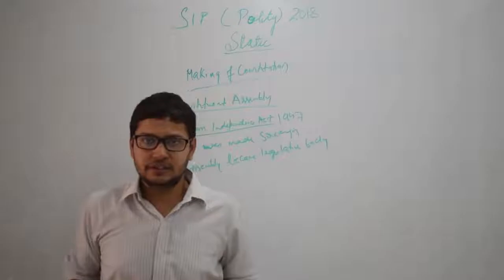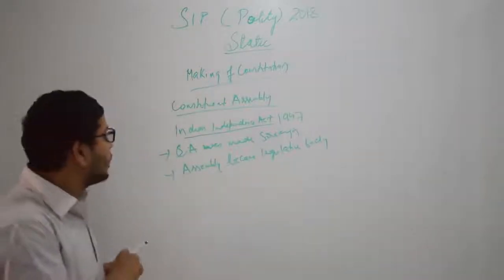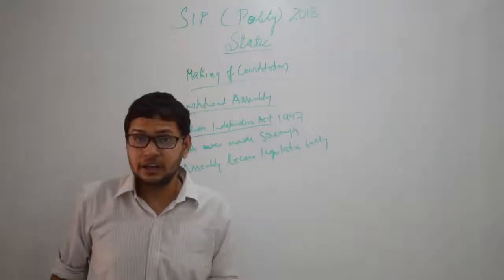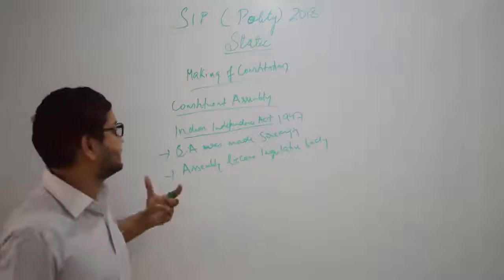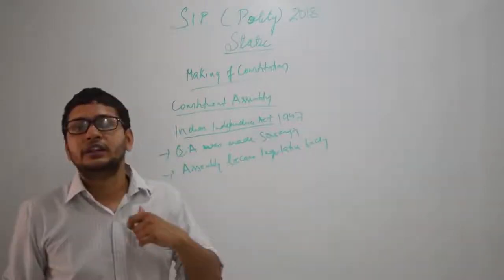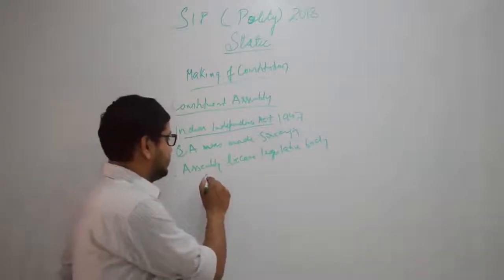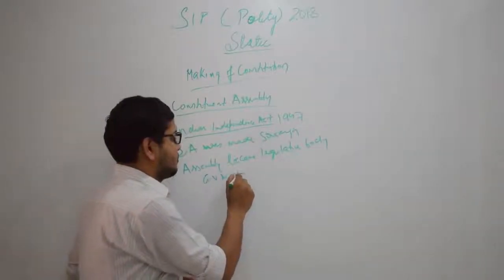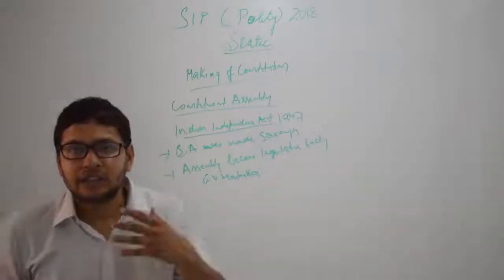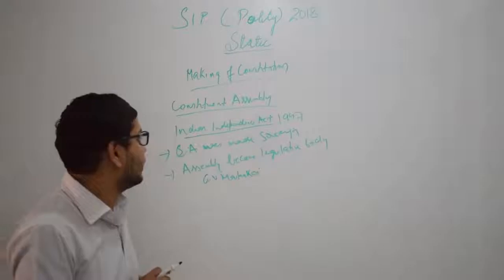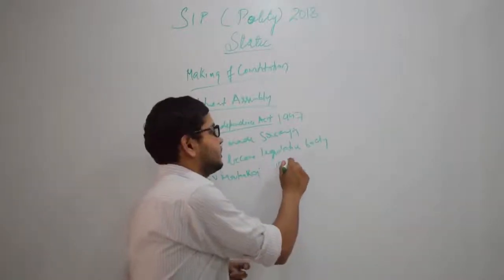So for the five years between 47 and 52, the Constituent Assembly worked both as a constitution making body and as a legislative body. When it functioned as a legislative body, the speaker was G.V. Mavlankar. And when it functioned as a constitution making body, the chairman was Dr. Rajendra Prasad.